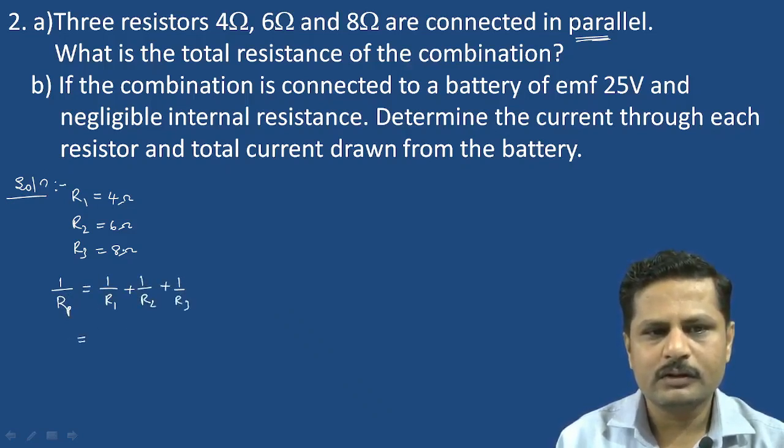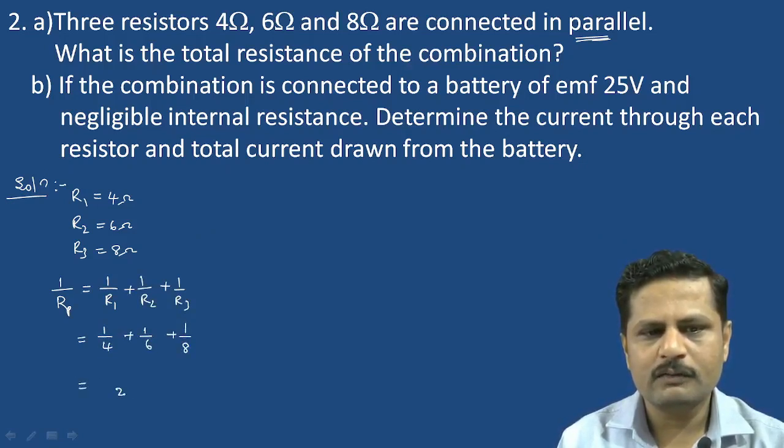Substitute the given values: 1 by 4 plus 1 by 6 plus 1 by 8. Take the LCM, we get 24, and here 6 plus 4 plus 3. So we get 13 divided by 24. This is 1 by Rp.